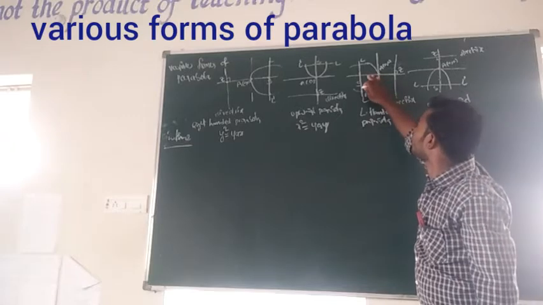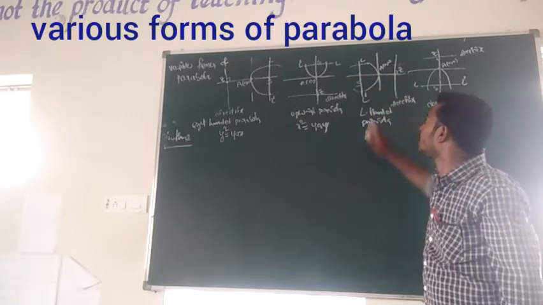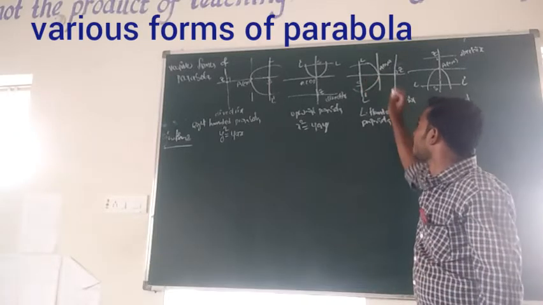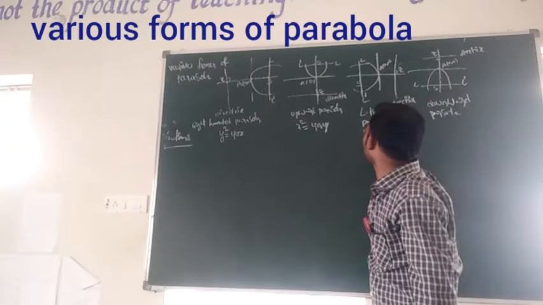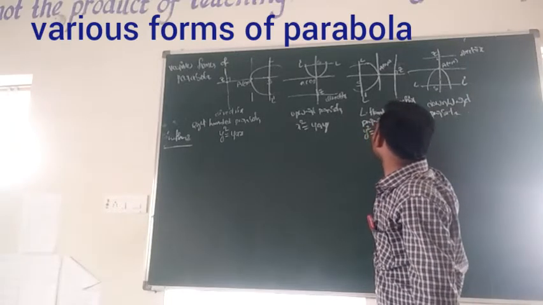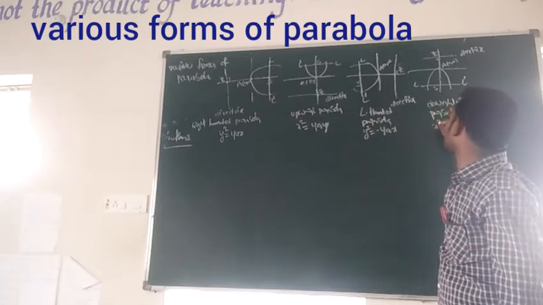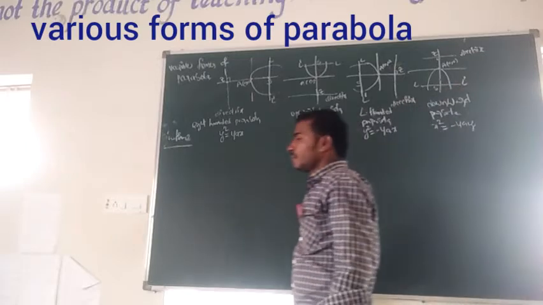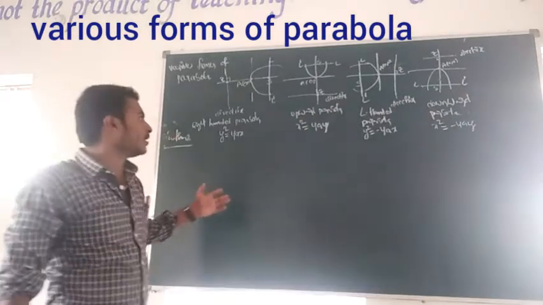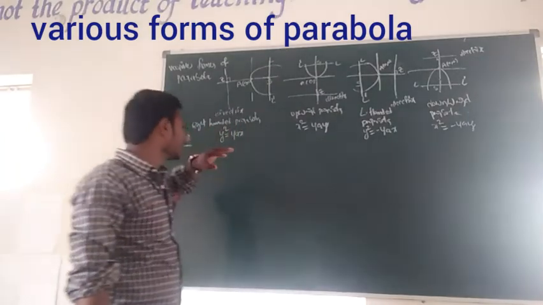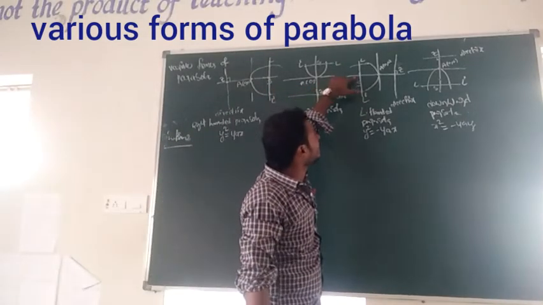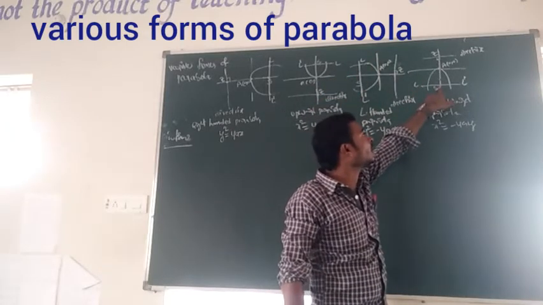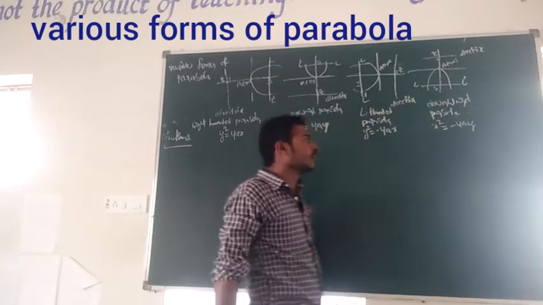Here the parabola turns to the negative side of the x-axis, so we get y square equals minus 4ax, and this one is x square equals minus 4ay. We take the negative value because the focus lies on the negative side of the x-axis, and here the focus lies on the negative side of the y-axis. Clear?